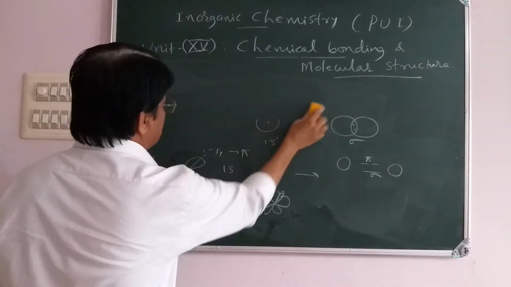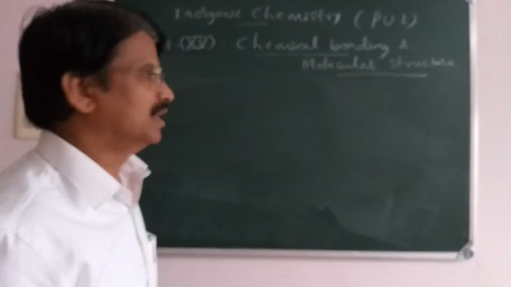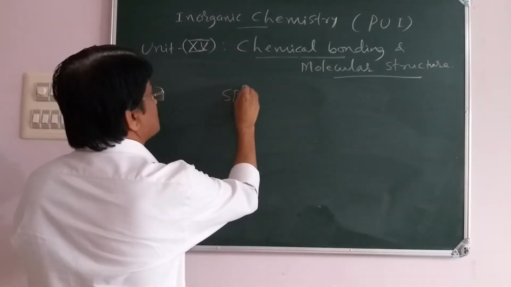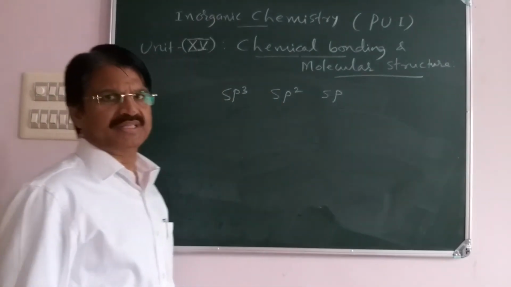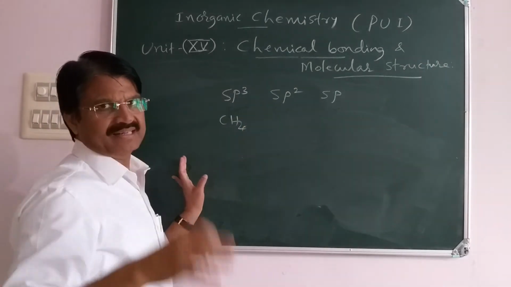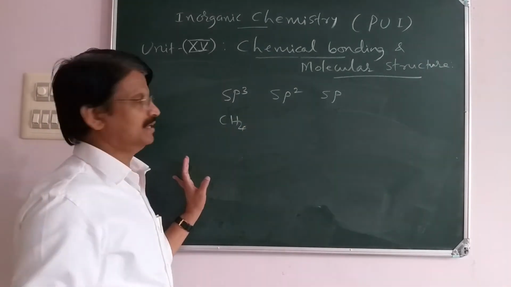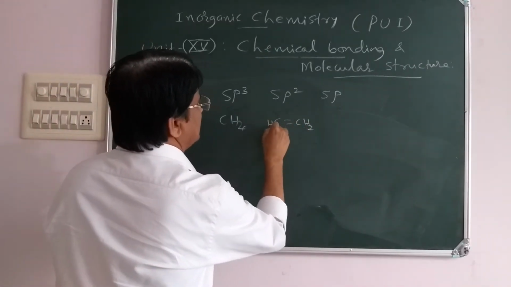Now, types of hybridization. You studied about hybridization: sp3, sp2, sp. Methane and all alkanes, ethane, propane, butane, pentane, undergo sp3. Then acetylene, HC triple bond CH, is sp.